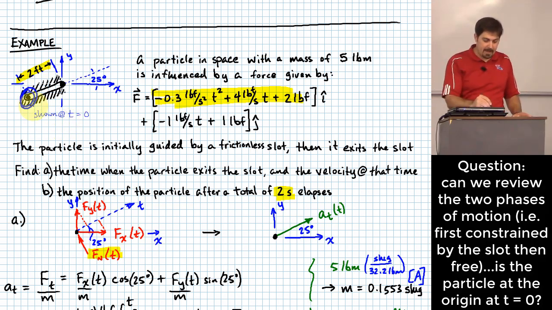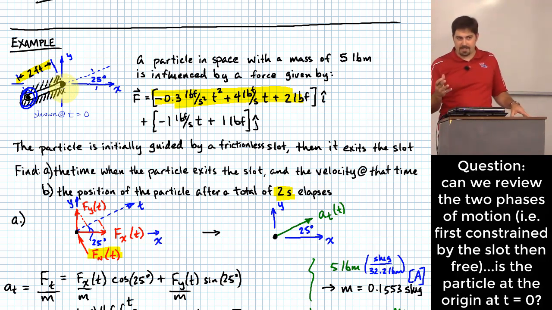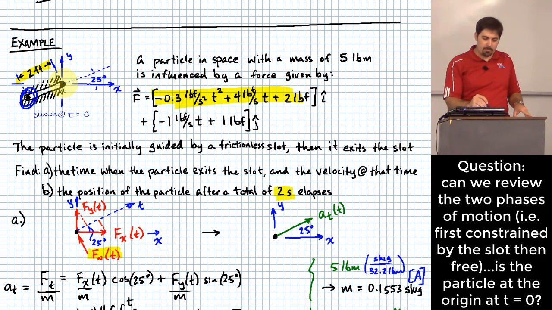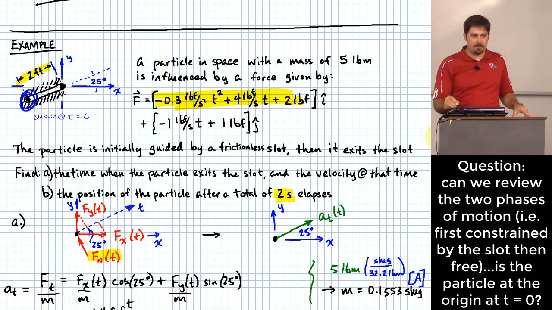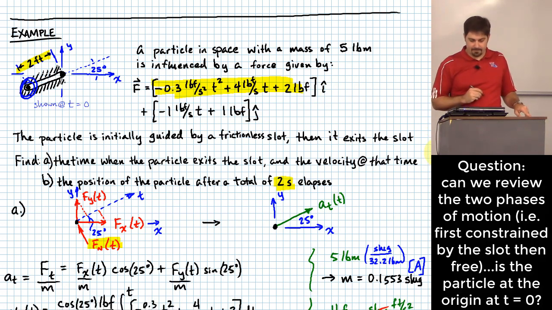So time begins back there, and we do begin with a negative x and negative y initial position, so to speak, and then it progresses up to where x and y position are 0 at time equal 0.477 seconds. And then we progress on from there to what happens out in the free space under the influence of this force. So whenever it says total time of 2 seconds, that means total time from the start.